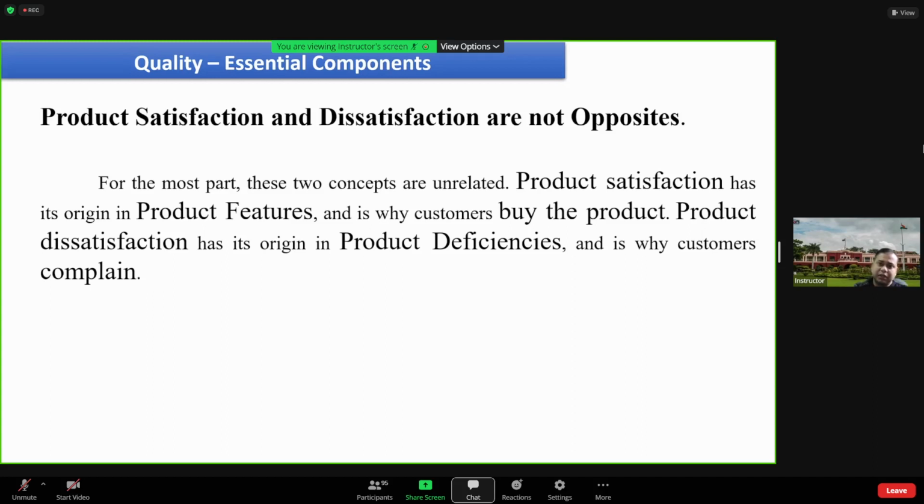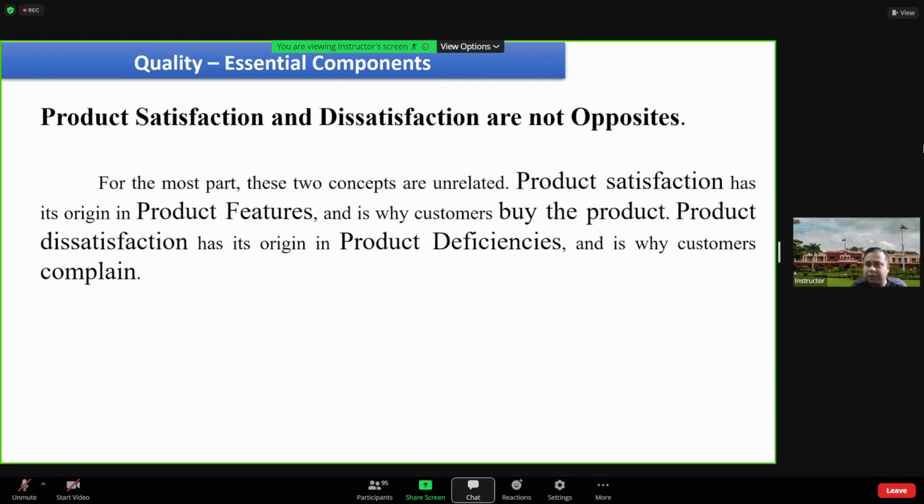Still, it does not guarantee that we will be satisfied and buy that product, because it depends upon certain other things also.